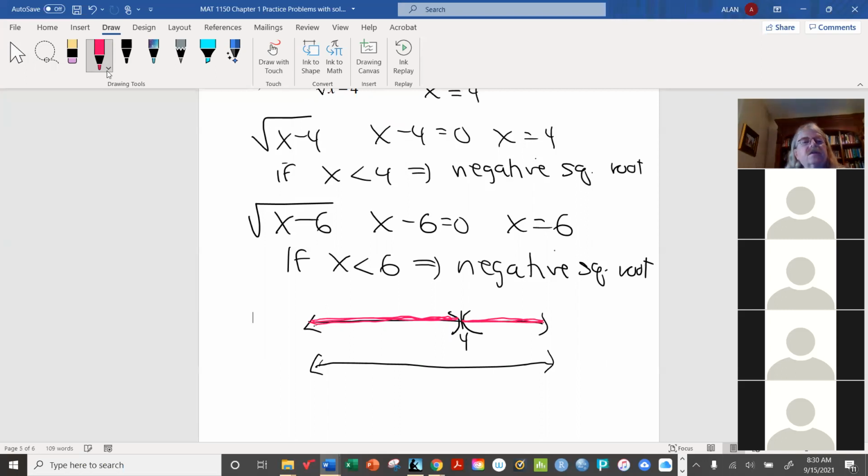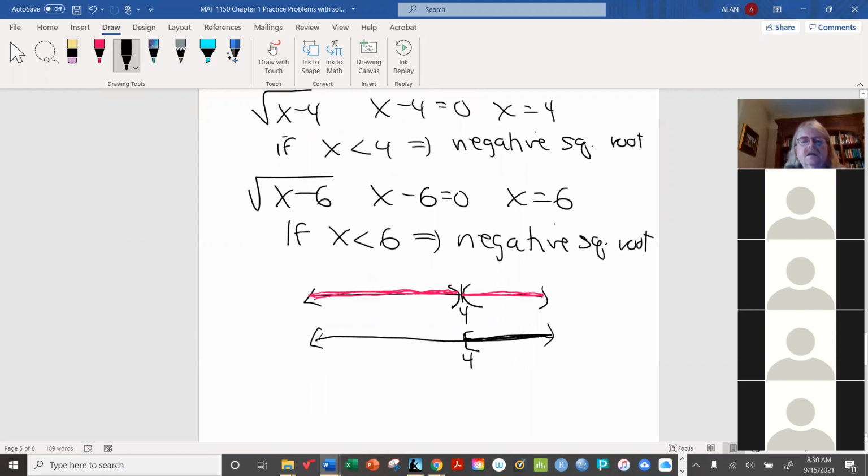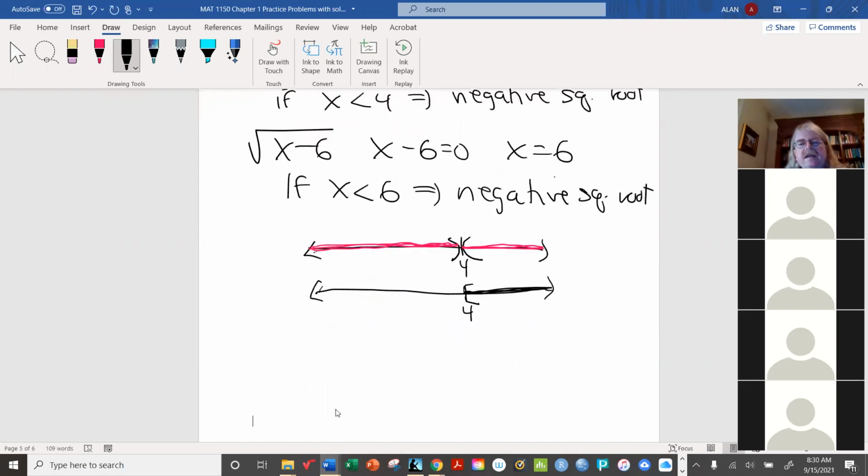But with the second restriction, I can have anything as long as it's not less than 4. So in other words, I can have this. And then the third restriction means that I can have anything from 6 and up.